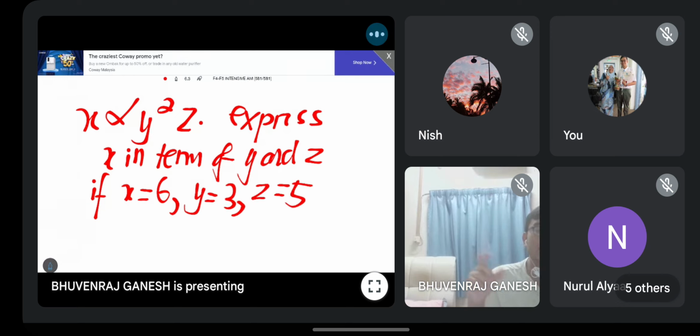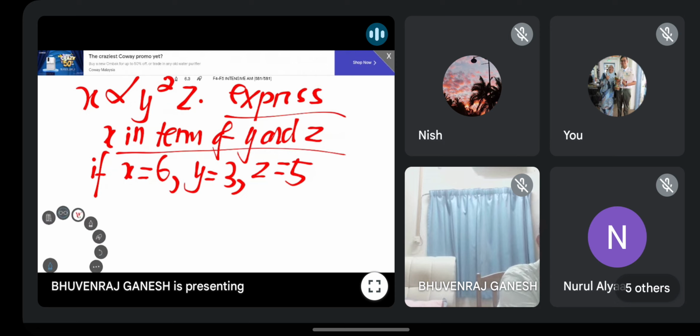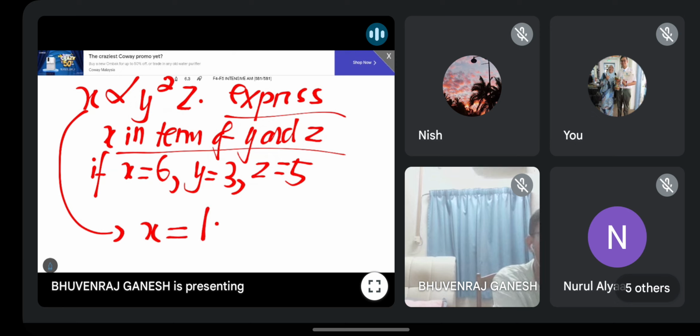Okay guys, this is joint variation, ubahan tercantum. So mereka nak suruh kamu ungkapkan X dalam sebutan Y dan Z. So now first guys, if you convert to equation, proses dia sama sahaja. So what is the first step? You must add constant. Kamu kena tambah pemalah.